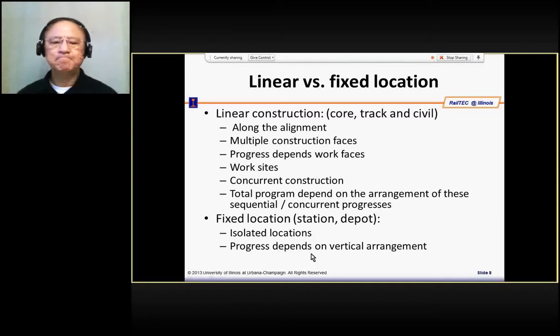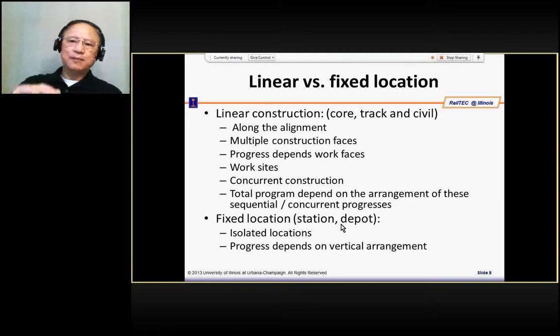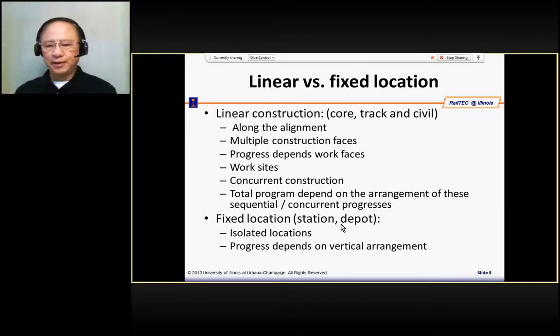And then there are staging and depot. These are fixed at some location. They are constructed within a boundary, and they might go upward as a several-story building in order to accommodate all the facilities in there.